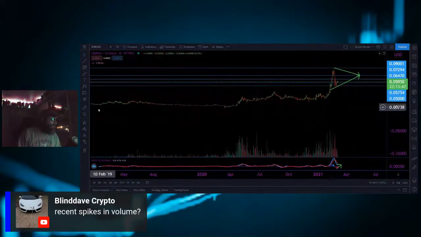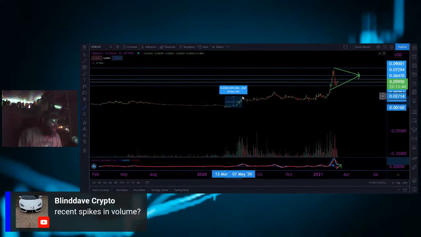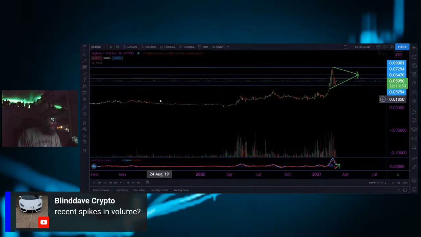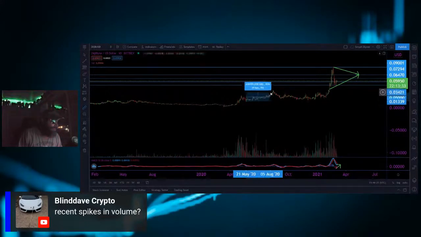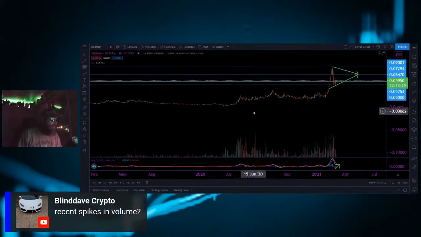Look at the move from here. Like I said, that was a 1,500% move out of COVID, from this low. And that's another 190%.